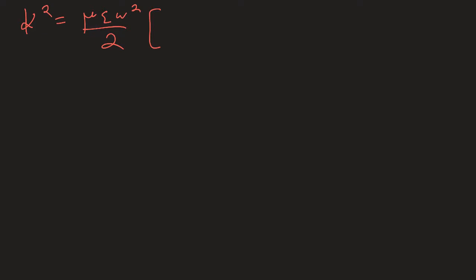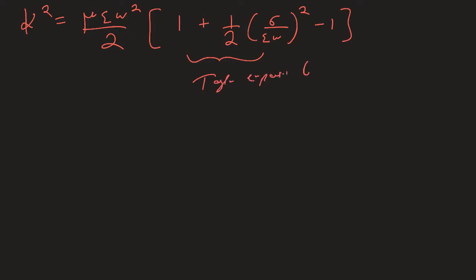So that's 1 plus nx, so it'll be 1 plus 1 over 2 times sigma over epsilon omega whole squared minus 1, so on and so forth, and we just ignore the other terms. We just keep it to first order. So this is the Taylor expansion to first order.